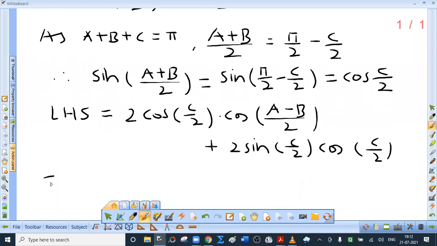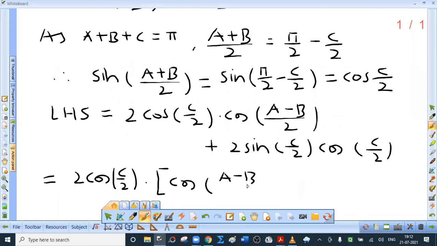Now next step, what can be taken common? 2 cos C by 2 can be taken common. Now see what I'm writing. In bracket, what remains is cos of A minus B by 2 plus what remains is actually sin C by 2. Let me explain. Can I write sin C by 2 as sin of pi by 2 minus A plus B by 2?